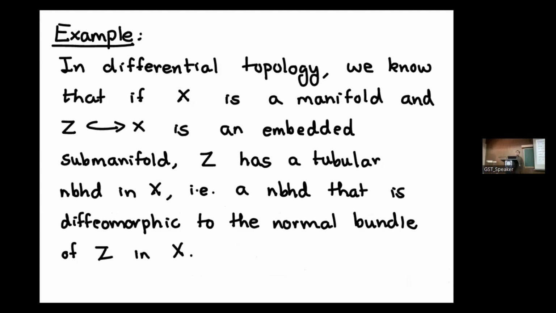In differential topology, there is a familiar theorem: if you have a manifold X and Z is an embedded submanifold, like a smooth curve on a smooth surface, then Z has a tubular neighborhood in X, which means there is an open neighborhood of Z which is diffeomorphic to the normal bundle of Z in X.